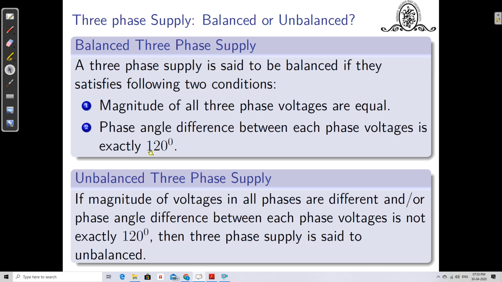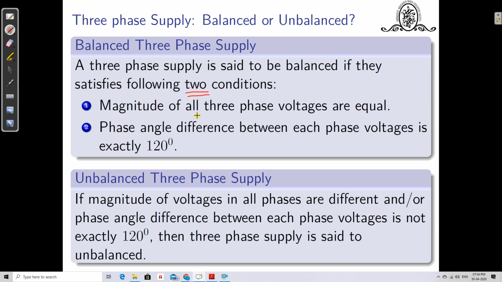Next, let us understand what a balanced supply and an unbalanced supply are. A three-phase supply is said to be balanced if it satisfies the following two conditions. Both conditions must be satisfied.